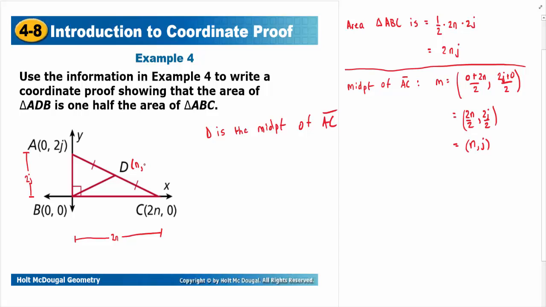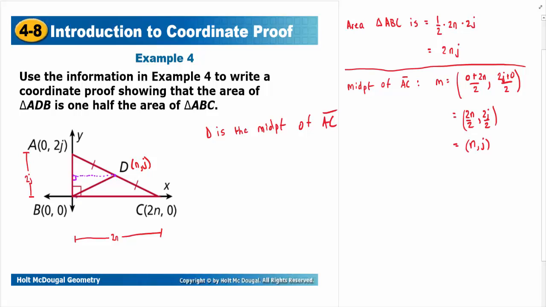So I now have this point. It's n, j. So if I'm going to find my area, remember how we're going to do this. I'm going to use this as my height. Well, what's the height? Well, look, it's going from here to D. So you look at this point, that distance is n. That's how far right I am traveling.